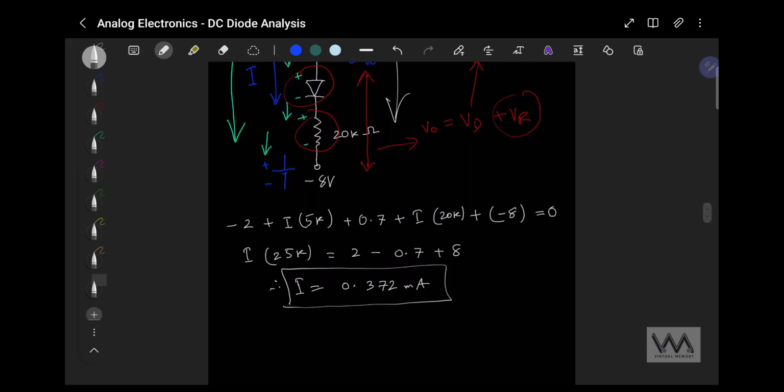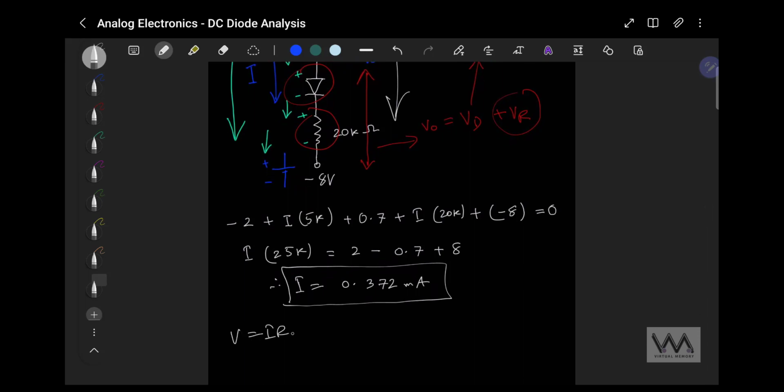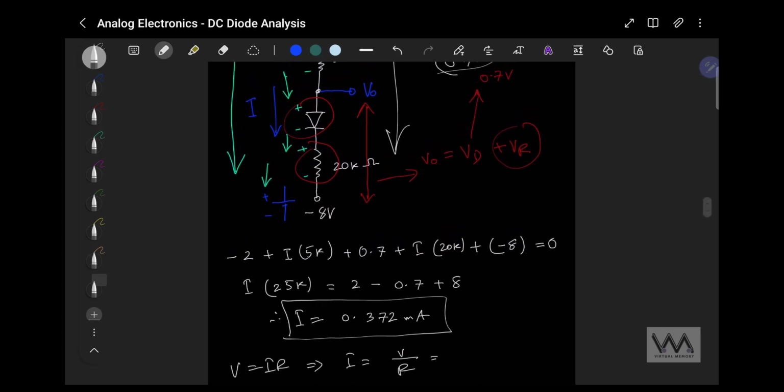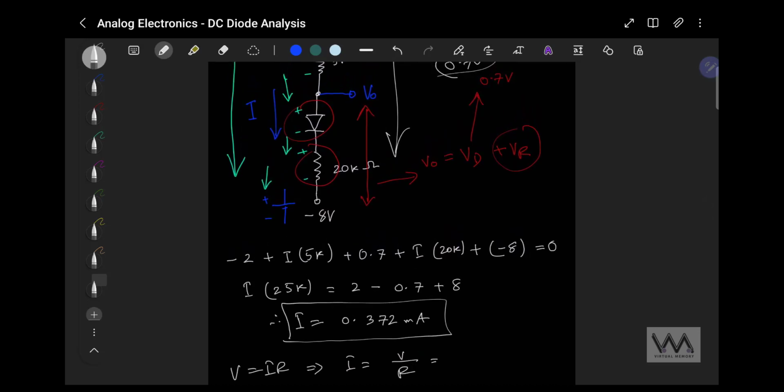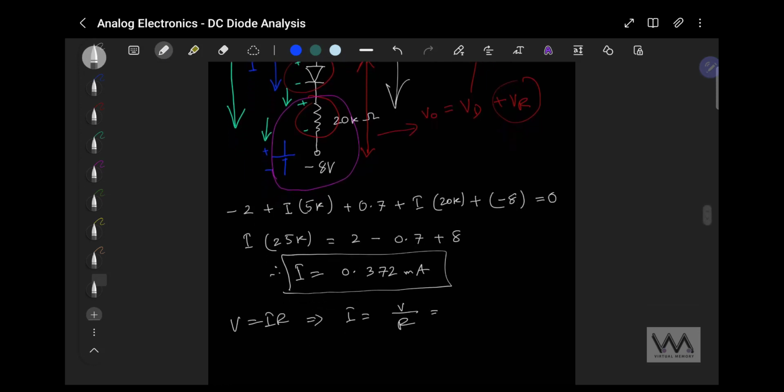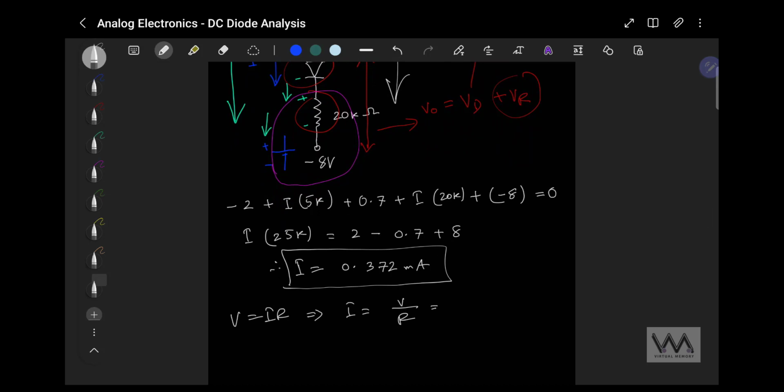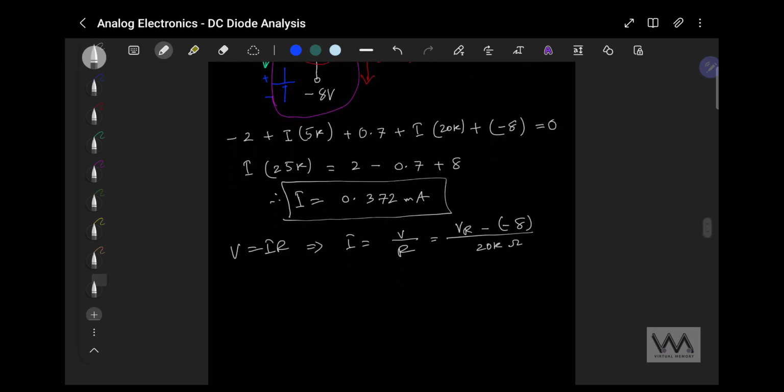So if we consider Ohm's law, V equals IR, which means I equals V over R. Now, if we consider this part of the circuit, which is the resistor and the negative 8 volt source, we can say I equals VR minus negative 8 over 20K ohm, and we know the I here.